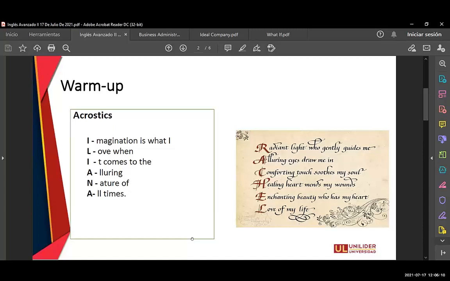For example, my name is Ileana, and my sentence is: imagination is what I love when it comes to the alluring nature of all times. This is very out of this world, but I really loved the ending. I will give you 1 minute to make your own acrostic. Yes or no? Yes, teacher. 1 minute with your name.